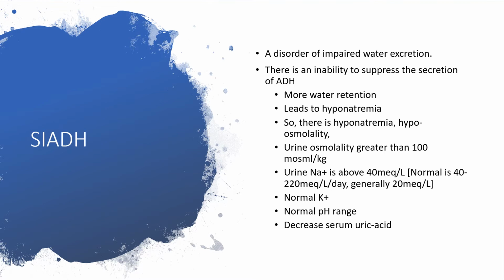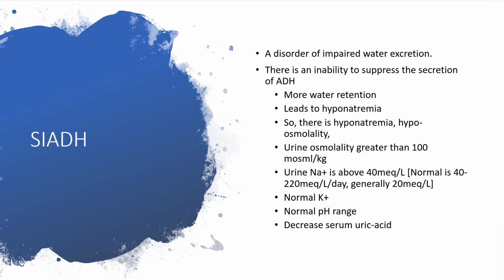The urine osmolarity will be greater than 100 milliosmoles per kg, because the little that will seep out will get to the urine. Urine sodium will be above 40 milliequivalent per liter. The normal is 40 to 220 milliequivalent per liter per day, and so many laboratories will even pick 20 milliequivalent per liter.